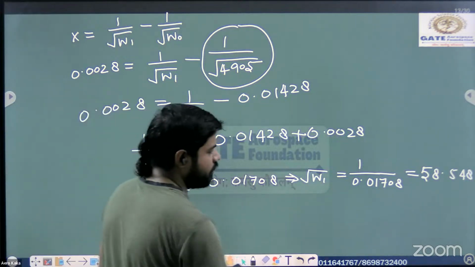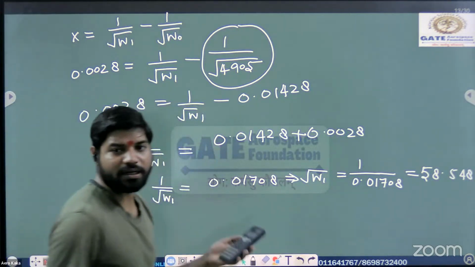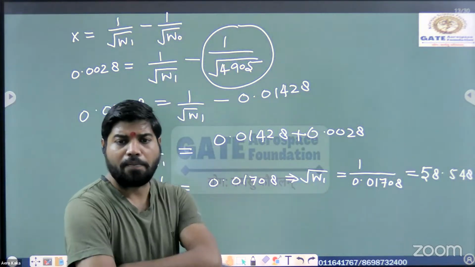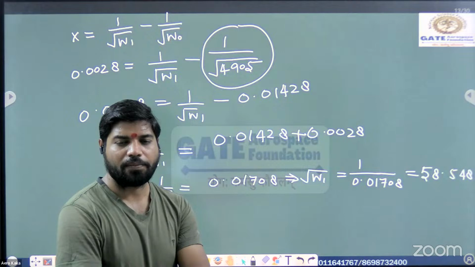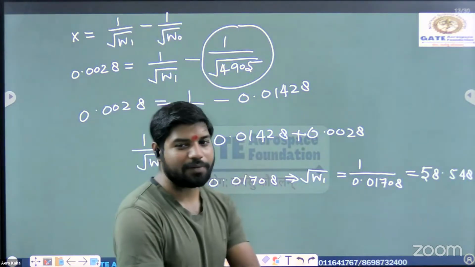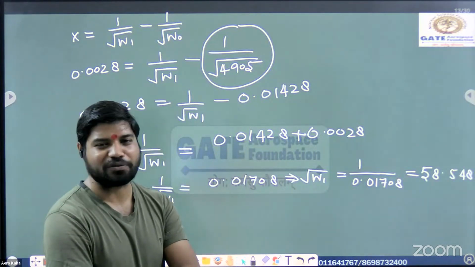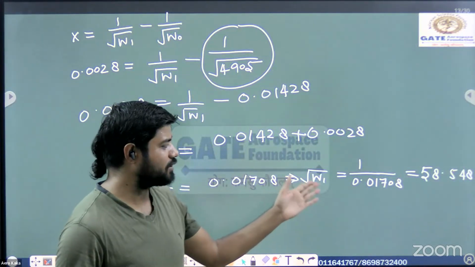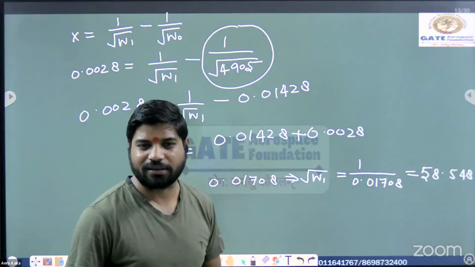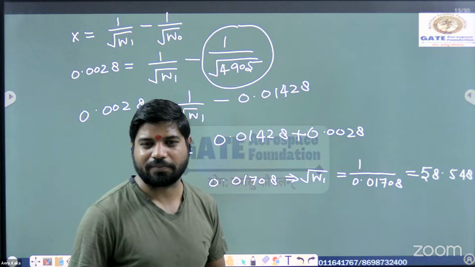So that's the value of root of W1, right? If you want to calculate the value of W1, what you have to do? Squaring. I gave this problem as homework last semester, and some of these students, you know what they did? They took the square root of this particular value again to calculate W1.